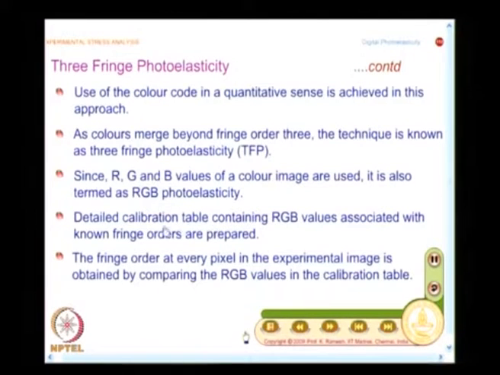So, use that to prepare a calibration table. And what you do is you find out the fringe order in an unknown problem by comparing the RGB values in the calibration table.